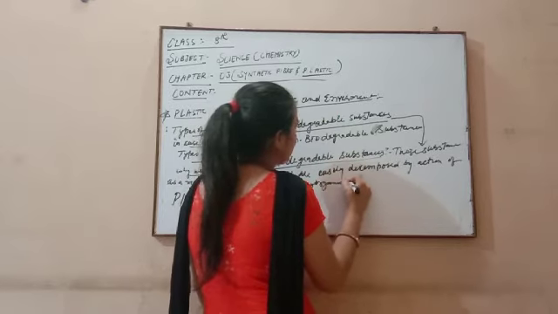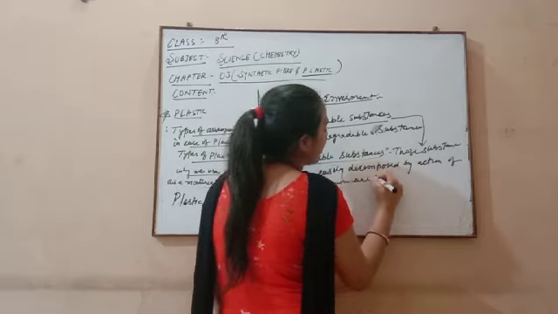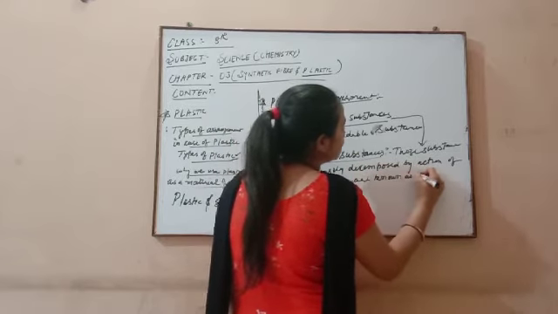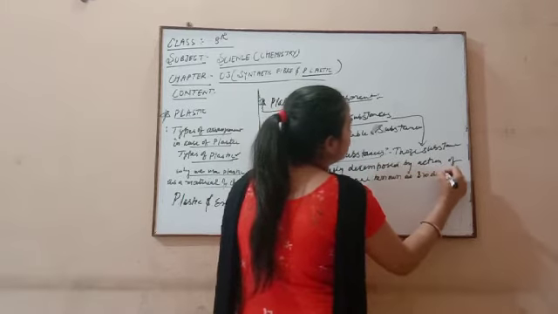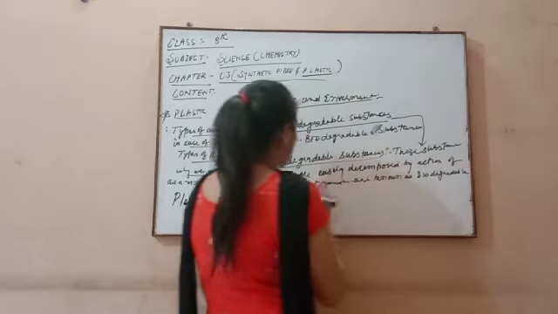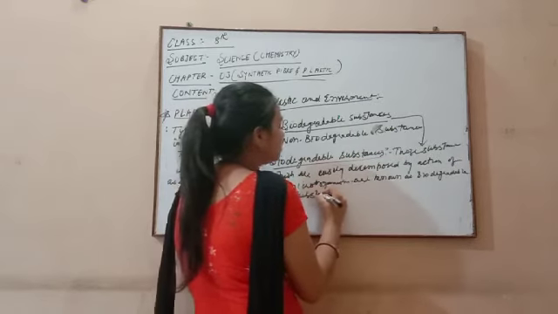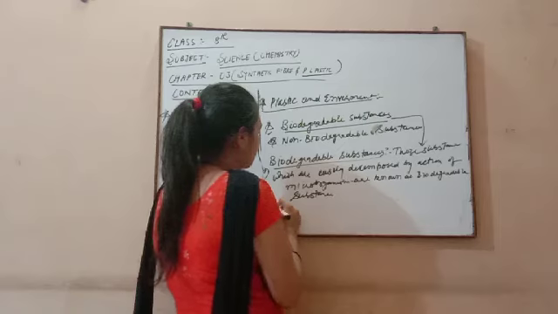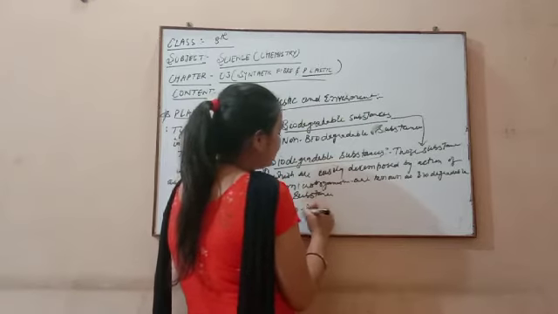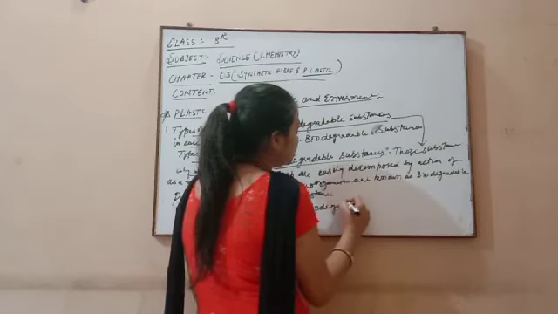Those are known as biodegradable substances. Now the second kind of substance which we study here is non-biodegradable substances. What do we mean by non-biodegradable?